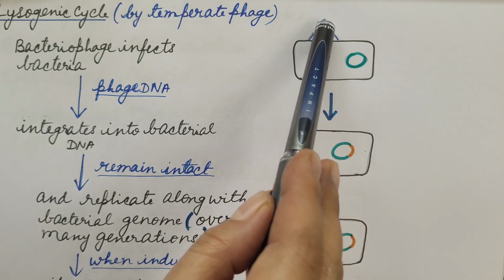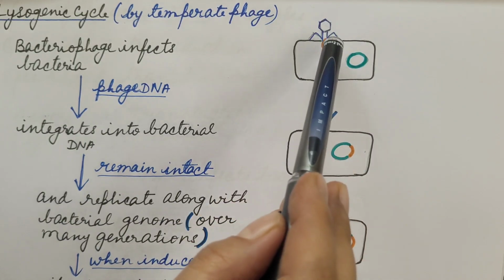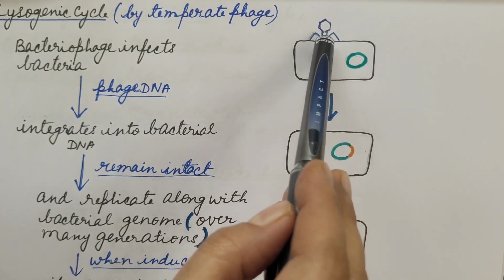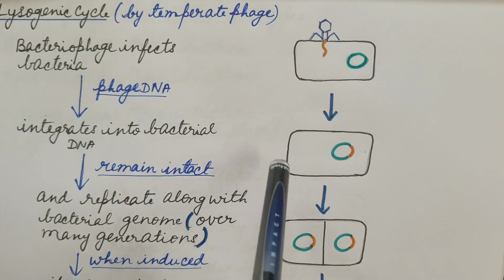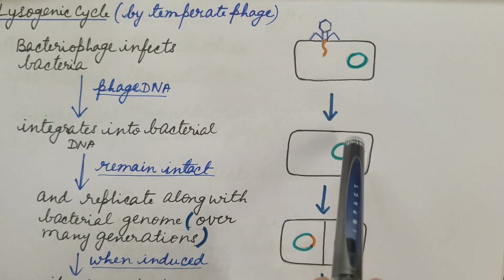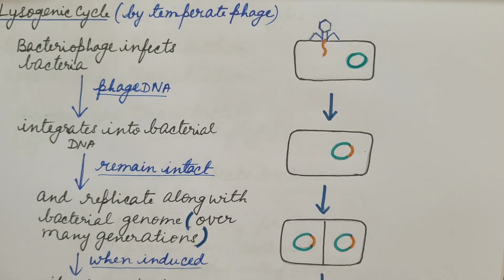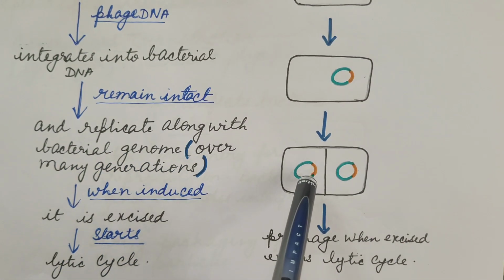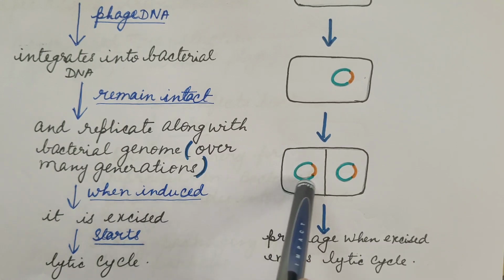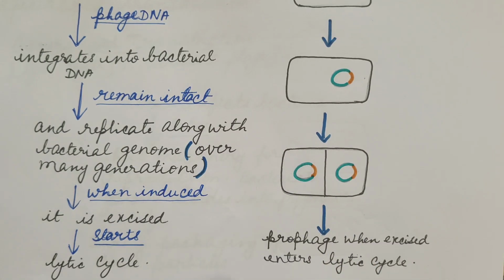So this is the temperate bacteriophage. It infects the bacteria and injects its genetic material. Since it is temperate, this viral genome integrates with the bacterial genome. For several generations, it remains intact and replicates along with the bacterial genome.